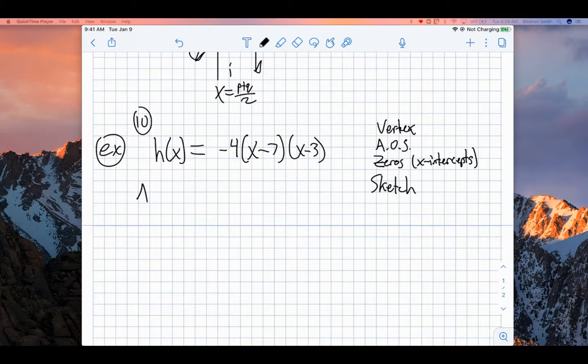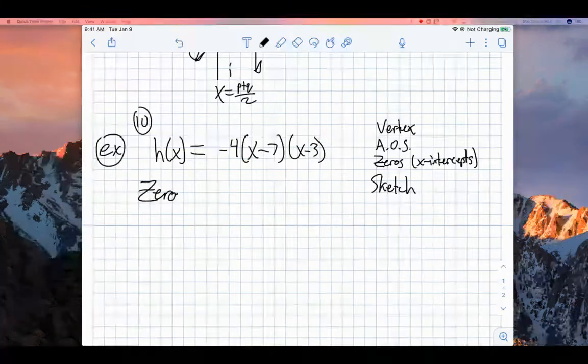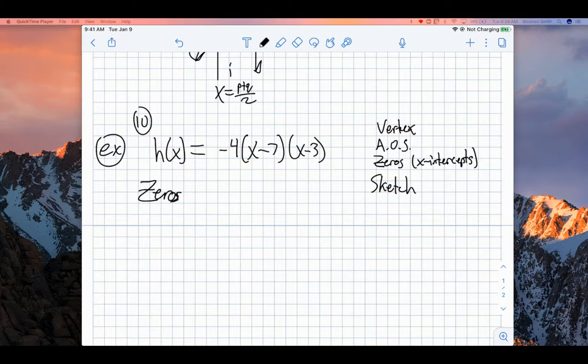Zeros will be easiest because they'll lead into what the axis of symmetry is. Okay, the zeros. This is in factored form. This is P, this is Q, and what we need to look at is it's the opposite sign of what we see.